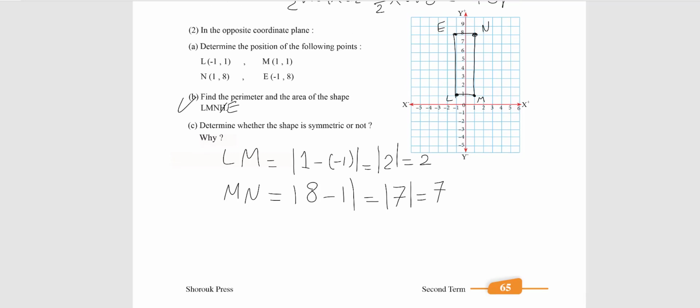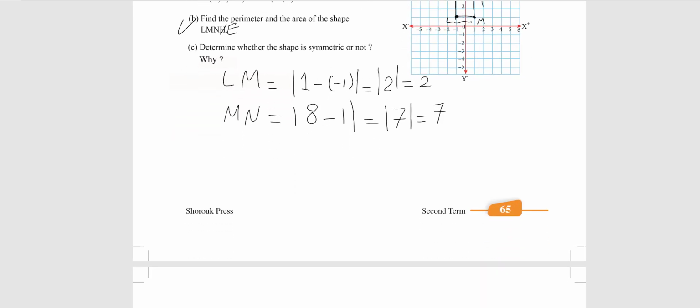We here find the 2 dimensions of this shape, and after that we will find the area. The area equals the product of the 2 dimensions, the length times the width. That equals the length 7 times the width 2 equals 14 square units.